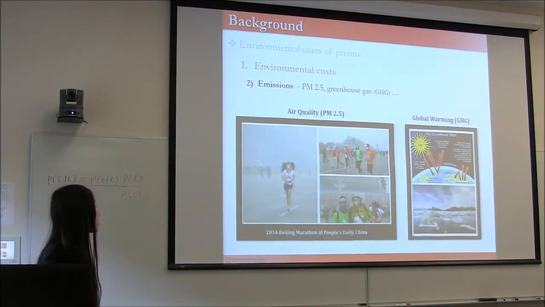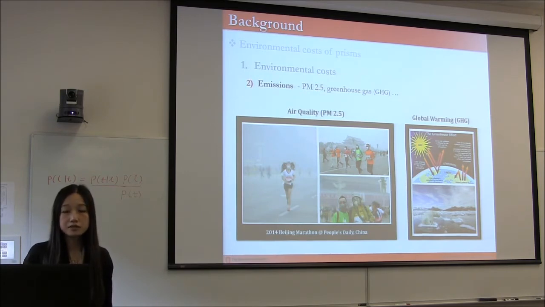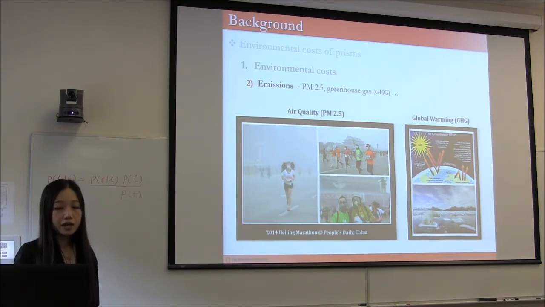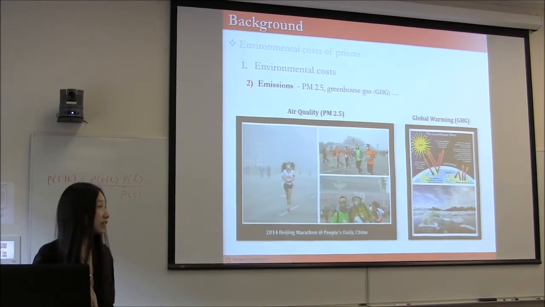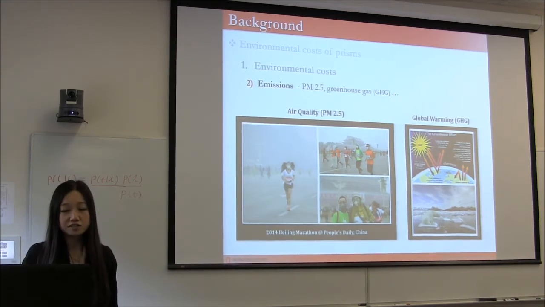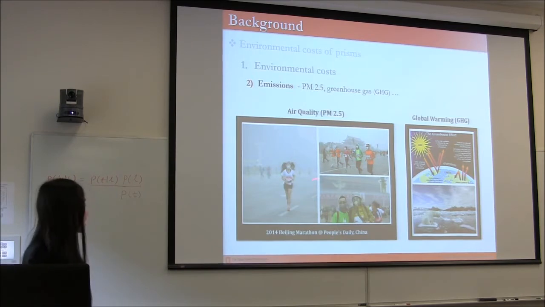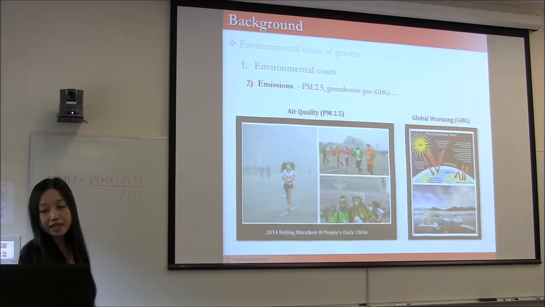The second thing we're looking at is the emissions resulting from it. PM 2.5 is one thing that people are concerned about a lot. On the left is a picture taken at the 2014 Beijing Marathon in China.